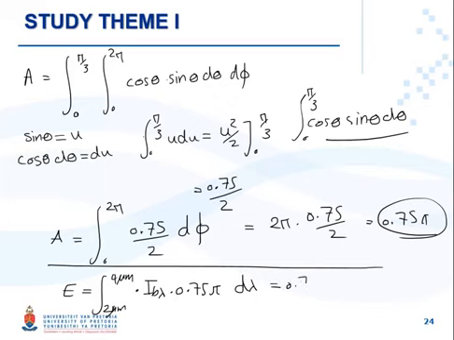So 0.75 comes out of the integral, and pi can stay inside. It will be 2 micrometer to 4 micrometer of pi I b lambda d lambda.